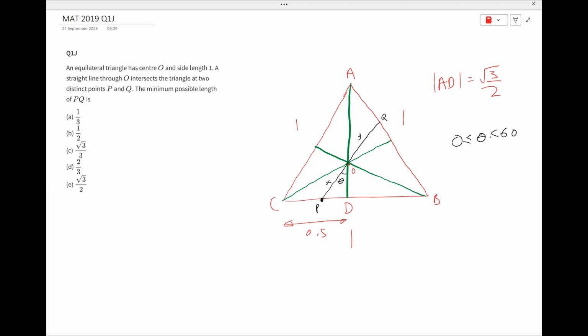I could put an equal sign there, it doesn't really matter, as long as I recognize that at point D and at point C you just get the same thing, because once P is at C, Q is at this point here.